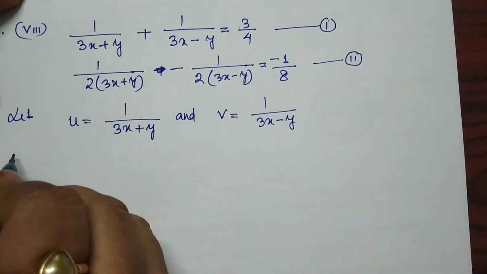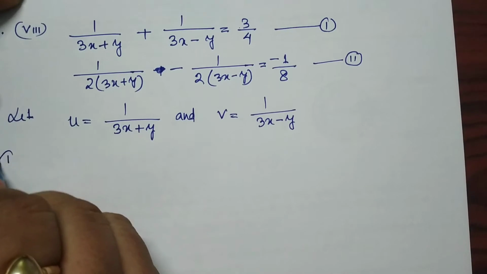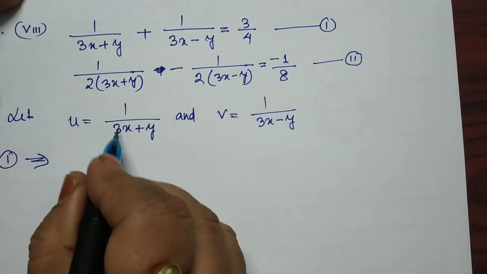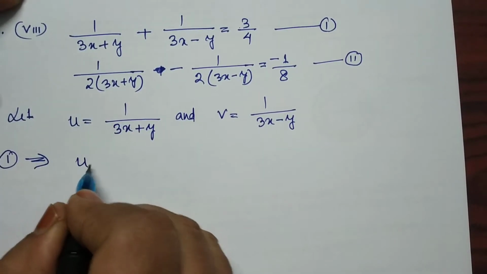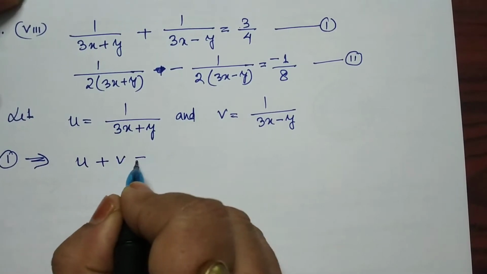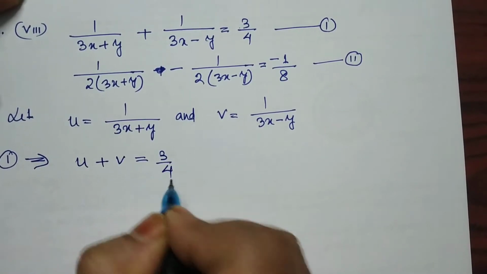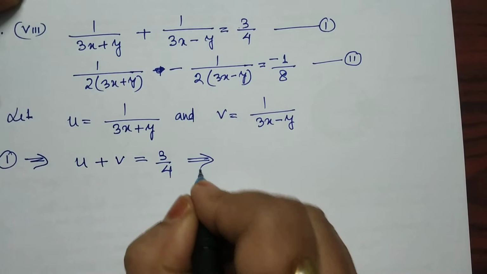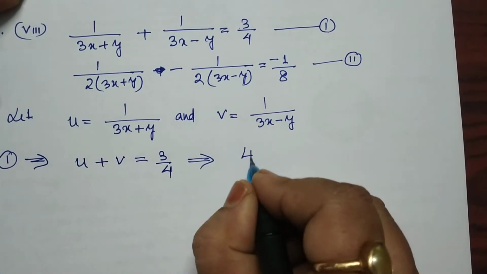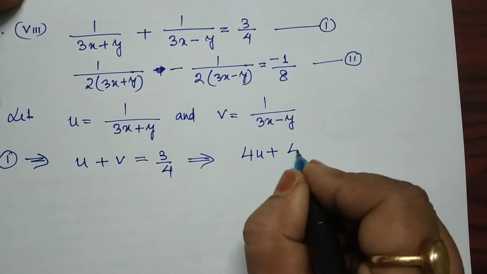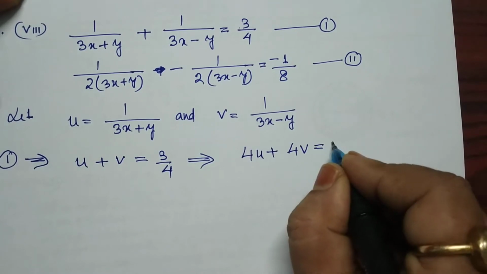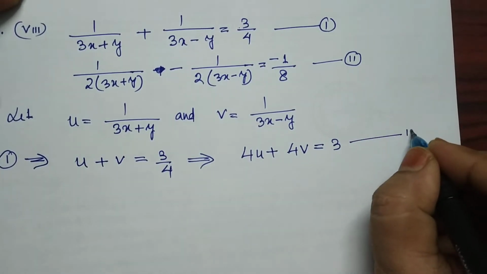Now if we substitute, then equation number 1 will be u plus v equal to 3 by 4. If we multiply this equation by 4, it will be 4u plus 4v equal to 3. This is equation number 3.